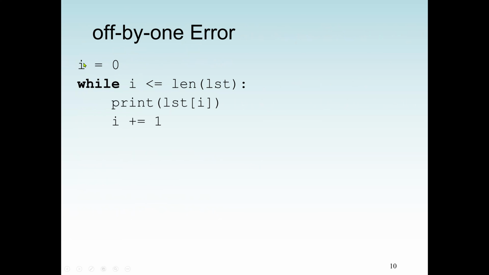If I have a counter starting from 0, and I say the counter i is less than or equal to len, first, len will give you the number of items we have in the list. But the index is off by 1. So if I have 10 items, len will give me 10. But when I go from 0 to 10, I'm going to get 11 items. So that's what we mean by off by 1 error.